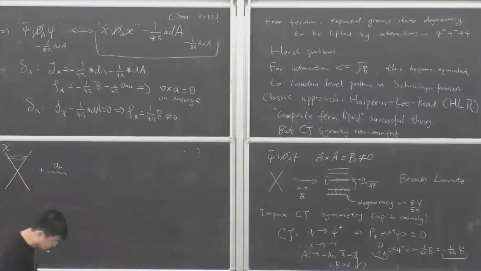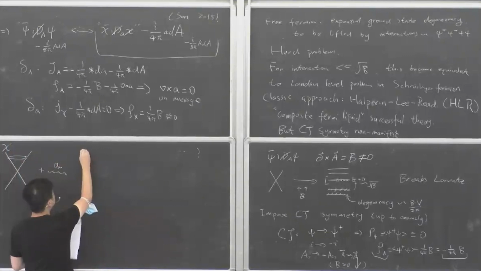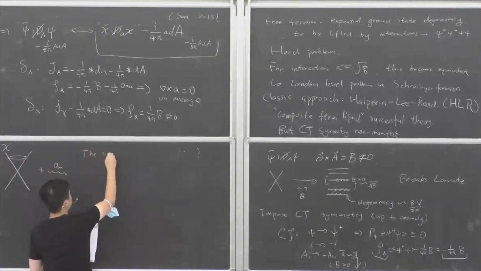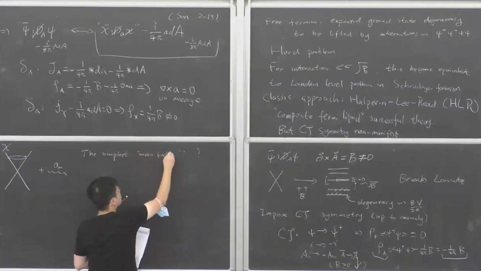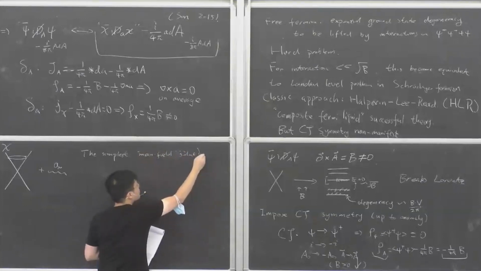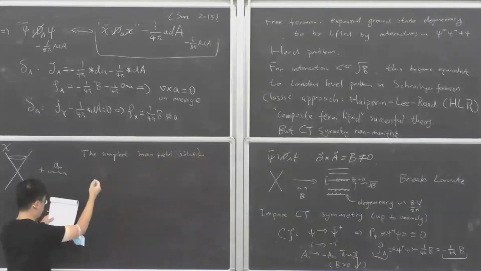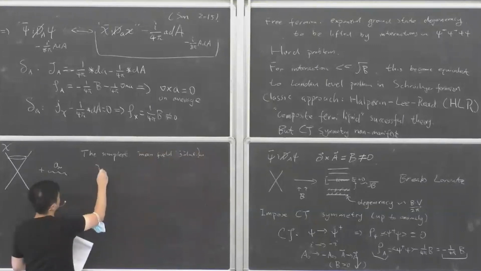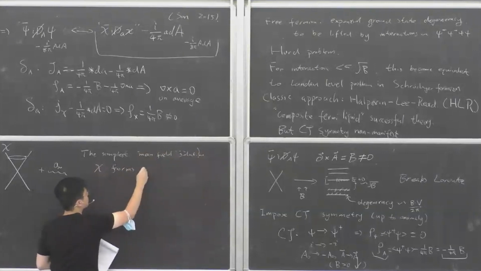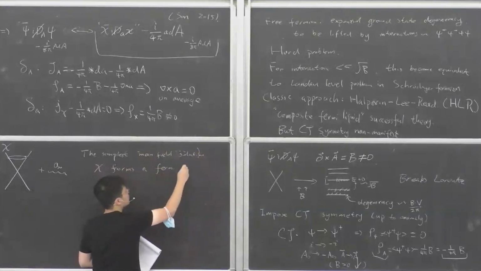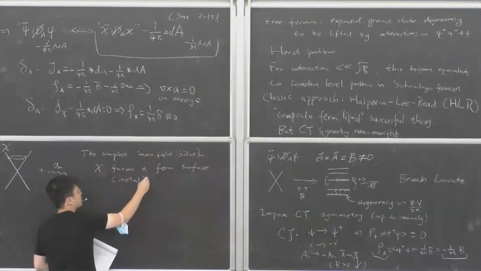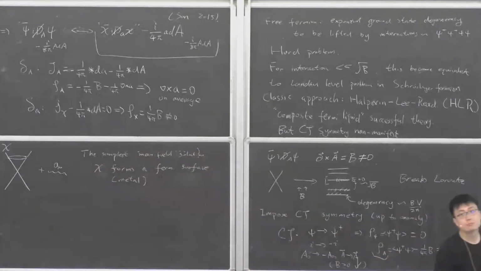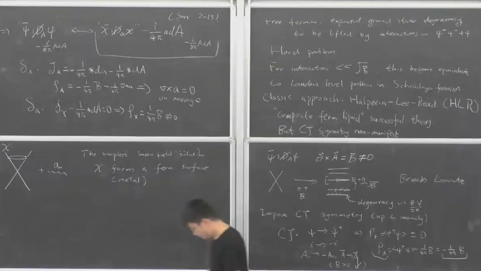So the natural mean field solution, probably the simplest mean field solution, is just a Fermi liquid, or something that looks like a Fermi liquid, meaning the chi forms a Fermi surface. Essentially, what you have in an ordinary metal, that's also coupling to this fluctuating U1 gauge field.